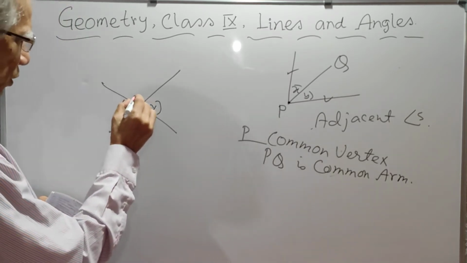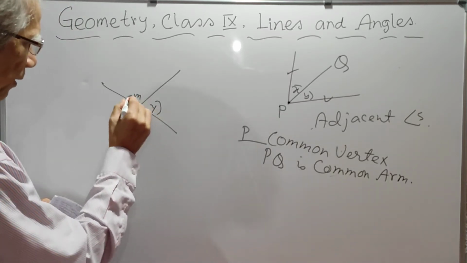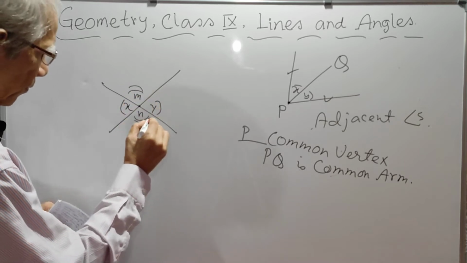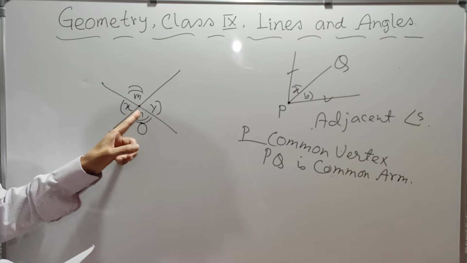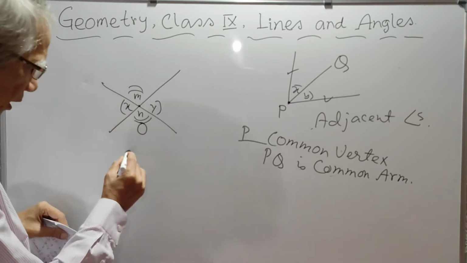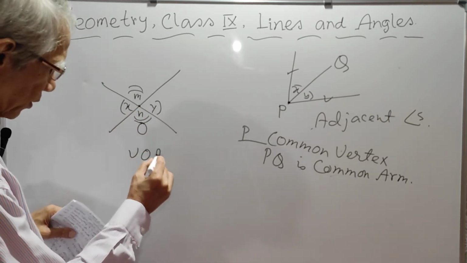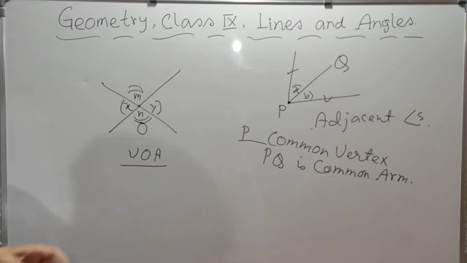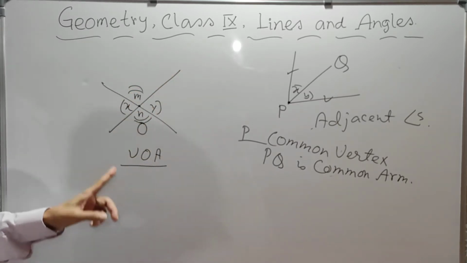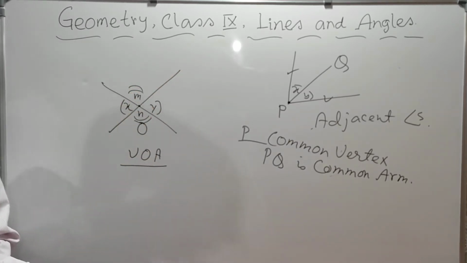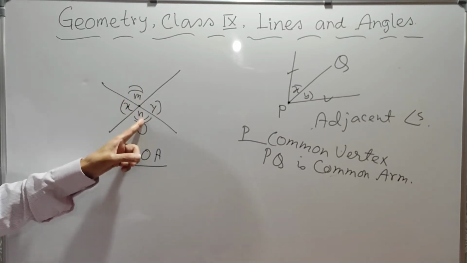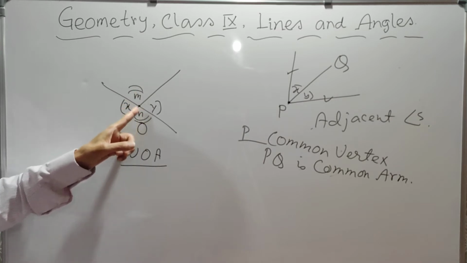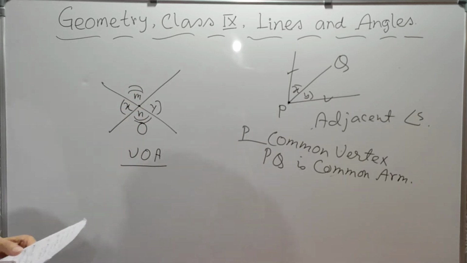Then suppose this is M, this is N. So this angle and this angle, that is another pair of vertically opposite angles. So when two straight lines intersect, we get two pairs of vertically opposite angles. The first pair is X and Y, and the second pair is M and N. All right.